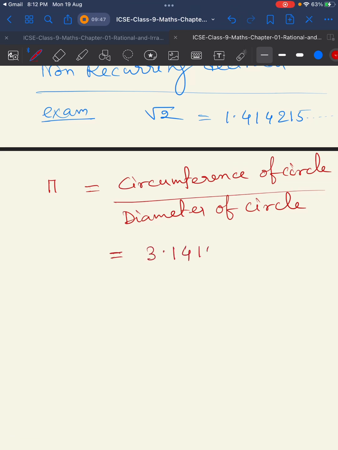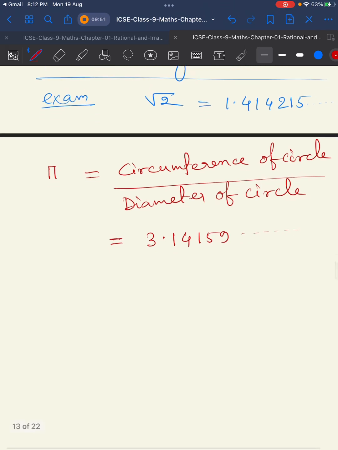The value of pi is 3.14159 and so on. The value of pi never repeats.